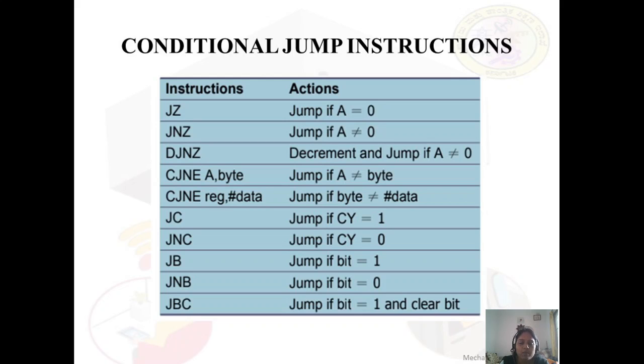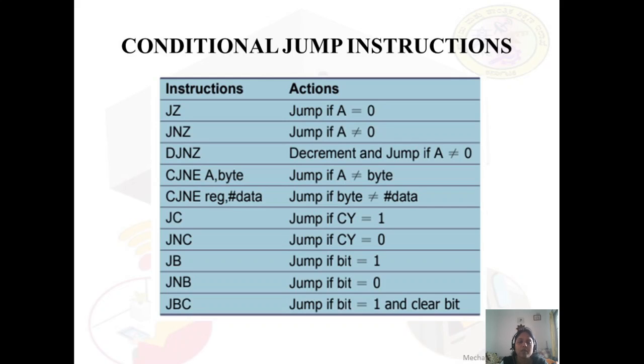If you see the table here, we have JZ, that is jump if accumulator is 0. Then JNZ, jump if accumulator is not equal to 0. One more thing you have to remember is in JZ and JNZ, the register we are using is only the accumulator. Other than A, we cannot use any other register.